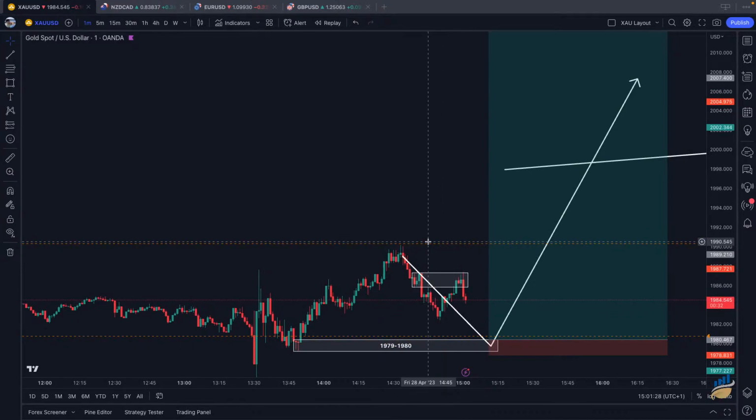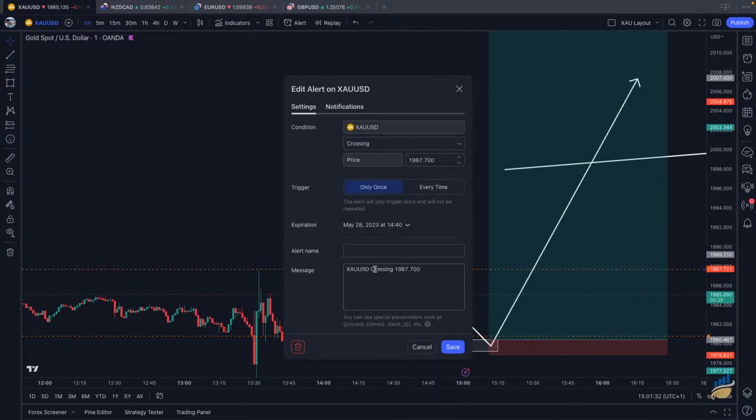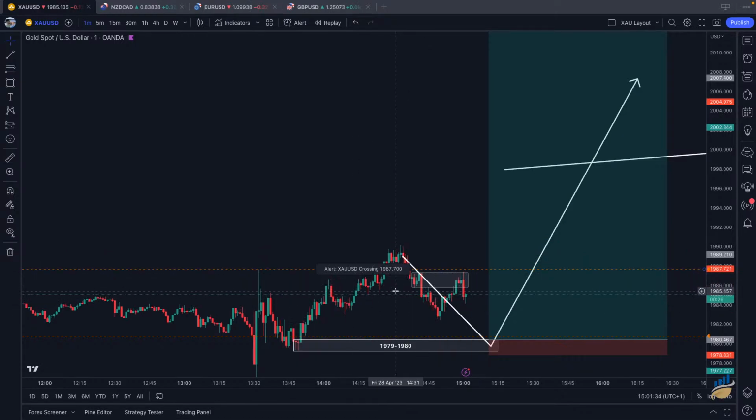What I'm going to do now is move this just above here, because realistically, if it is to respect this demand zone, this should be the new protected high within this bearish correction that's taken us lower.